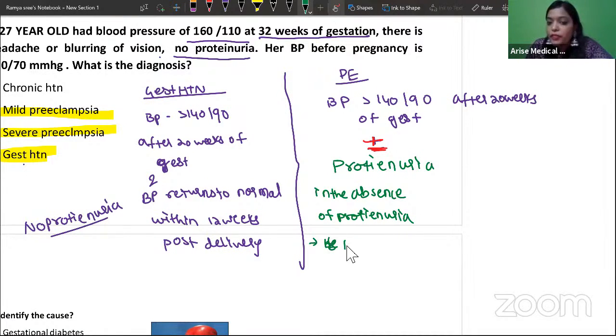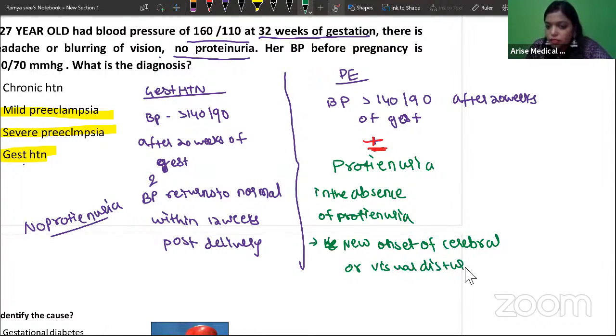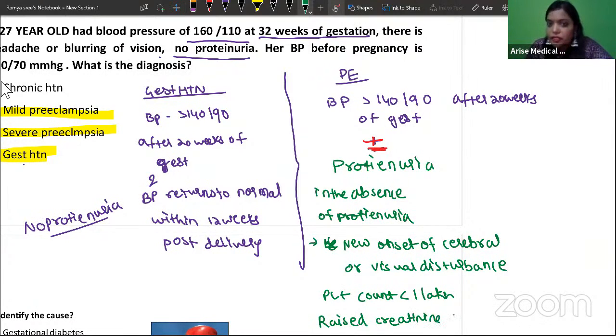New onset of cerebral or visual disturbances, platelet count less than 1 lakh, raised creatinine, raised LFT.